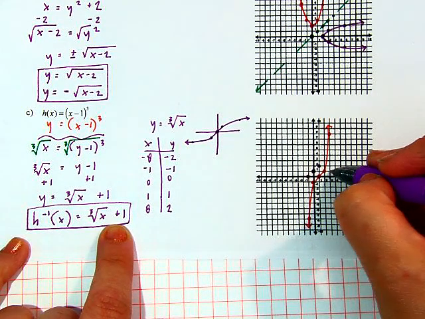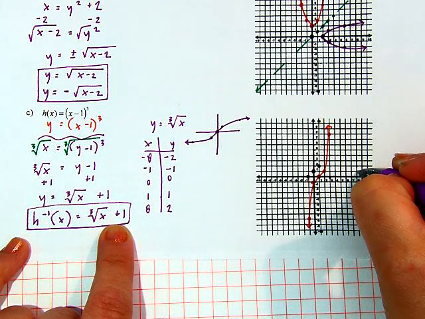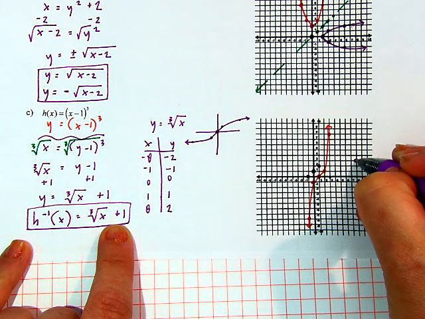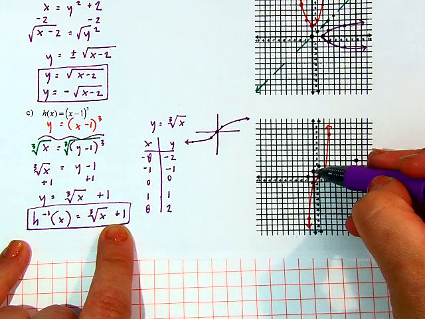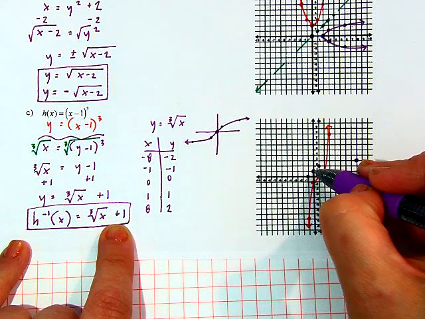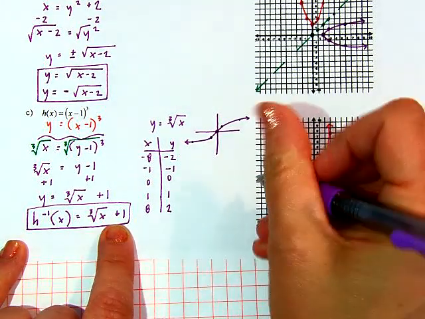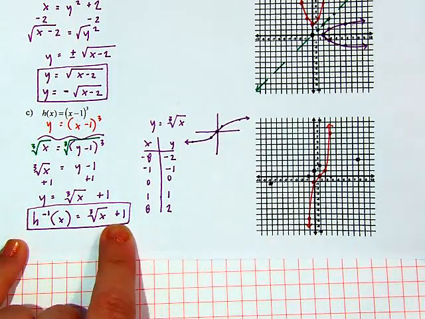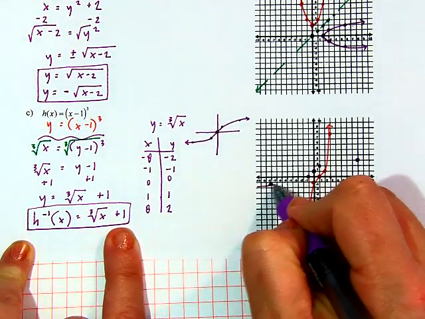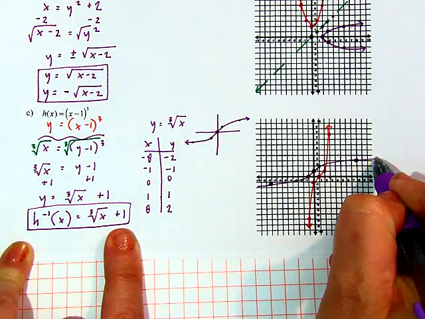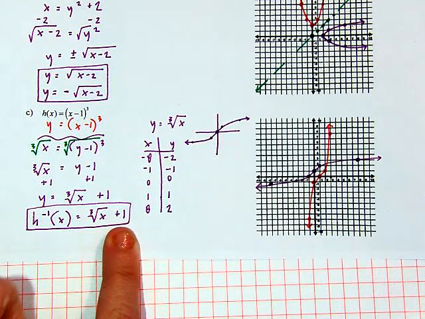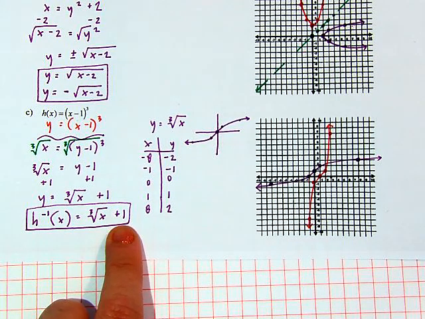So 1, 2, 3, 4, 5, 6, 7, 8, and up 2 right there. Go back to that starting point. I want to go left 8, so here, and down 2 right there. Okay, and then I can connect my dots. And there is my cube root function, but up 1 unit.